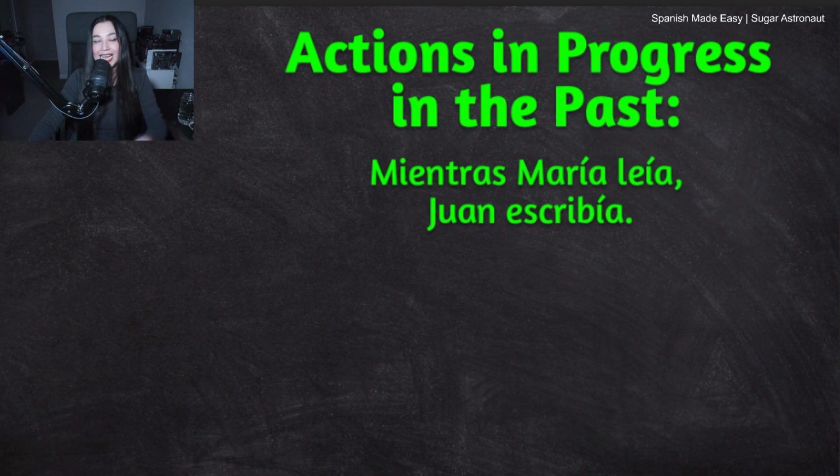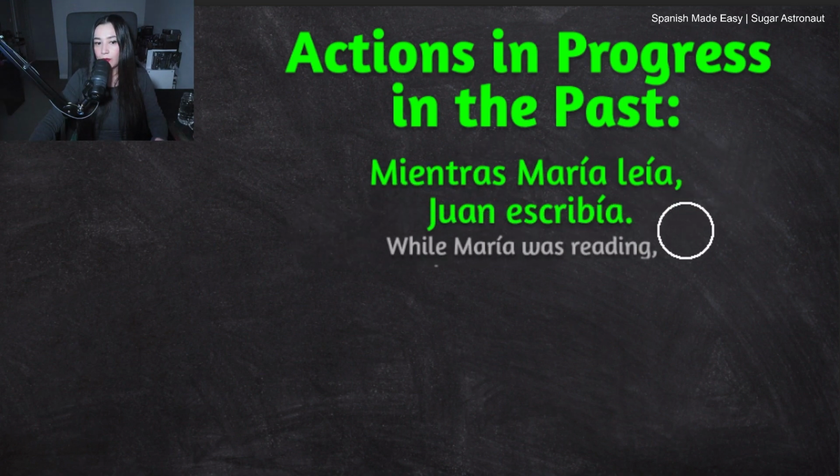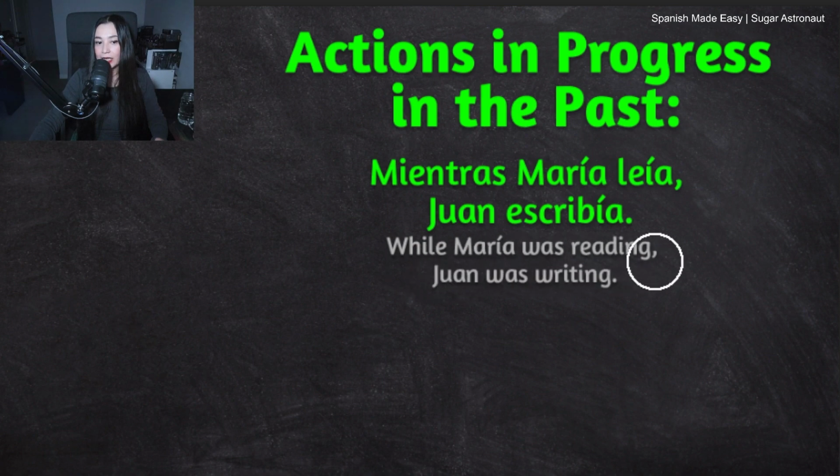Mientras María leía, Juan escribía. This means while Maria was reading, Juan was writing. Okay, so this is very interesting. We are talking about some actions that were happening in the past. So let's break this down.